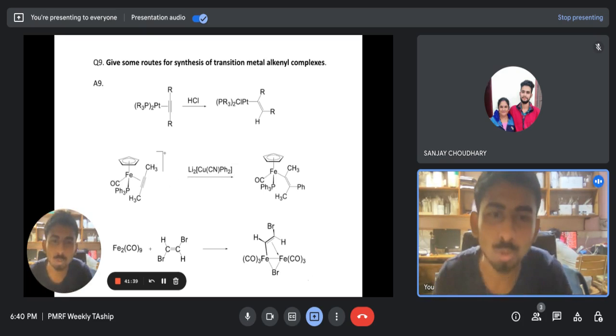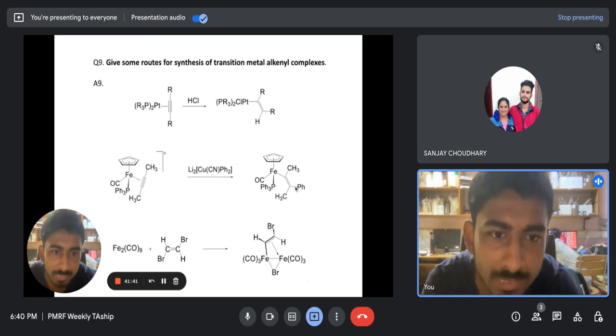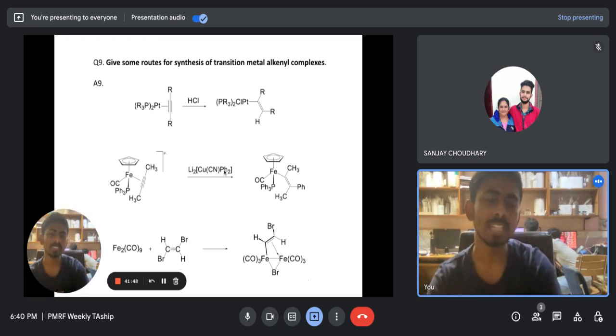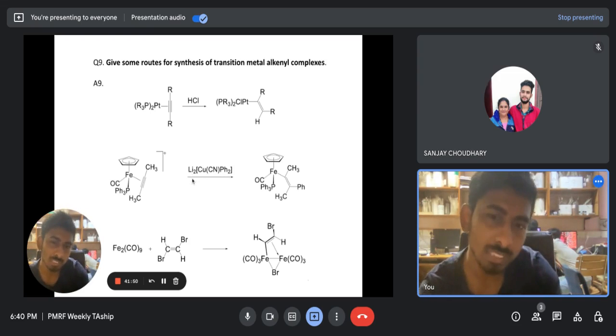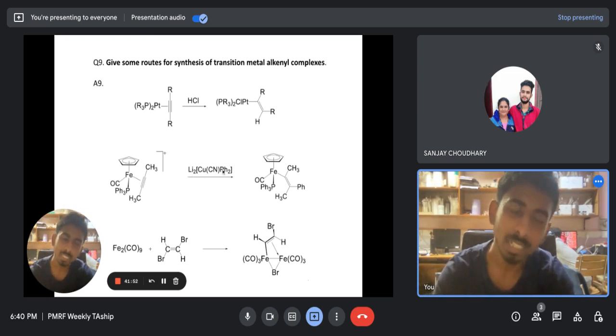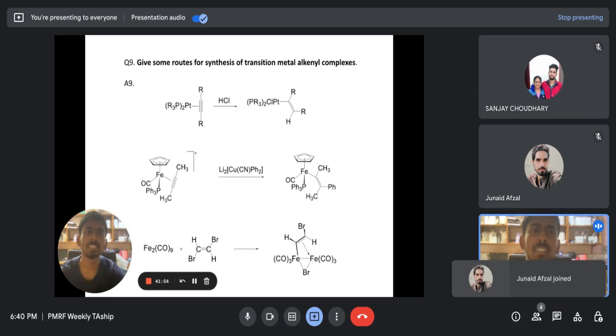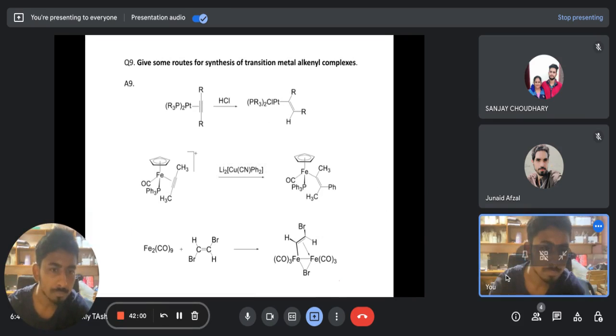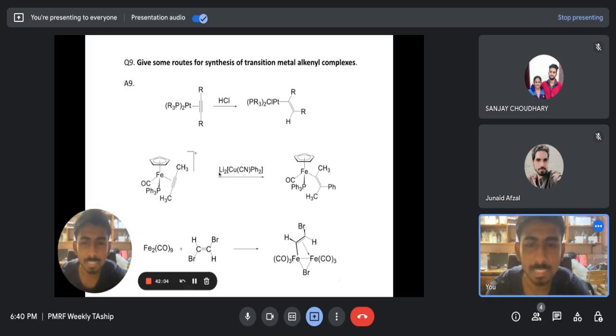In this case also you can see this is behaving as a phenyl group. Actually this is a nucleophile in nature, because you see this lithium is electropositive, and so this entire moiety is electronegative, because lithium is an s-block electropositive metal.